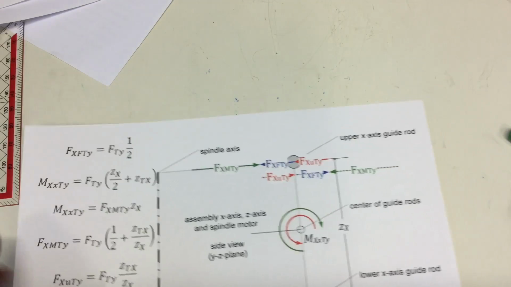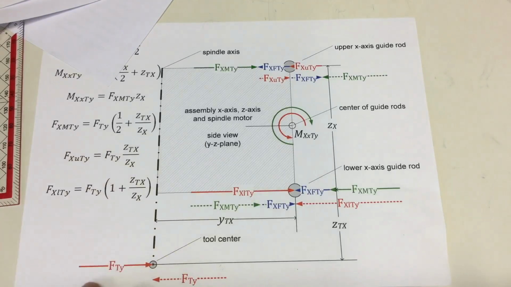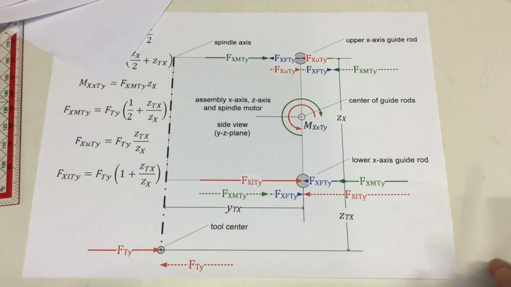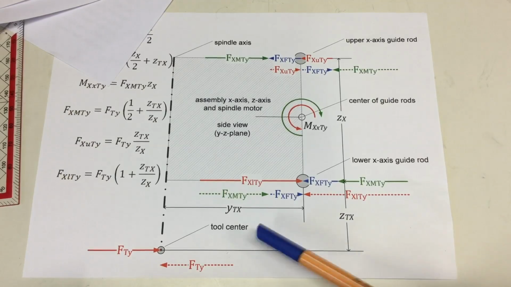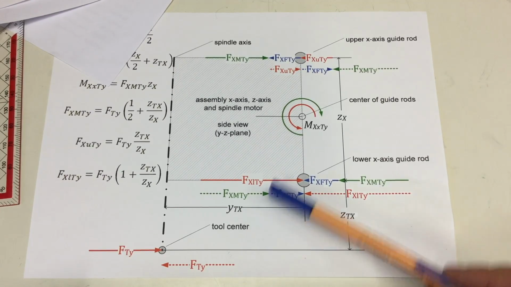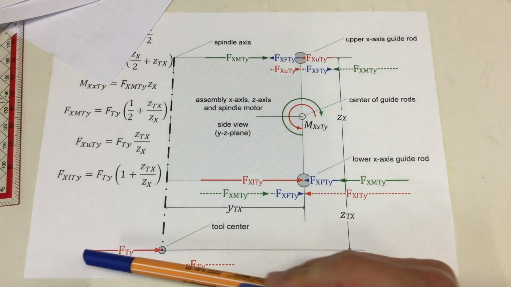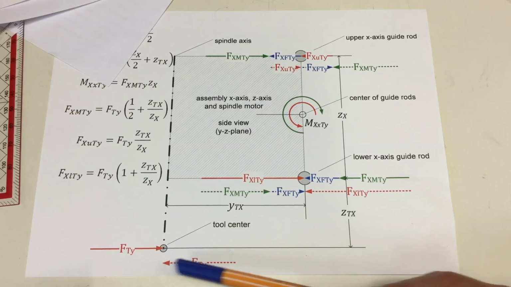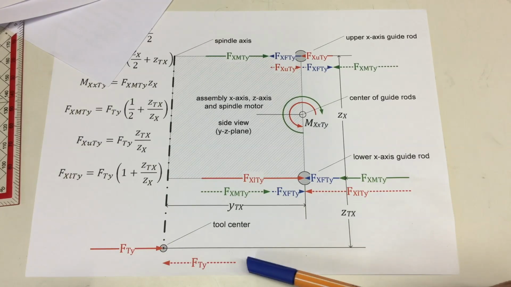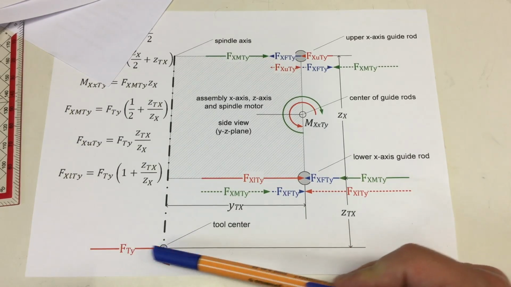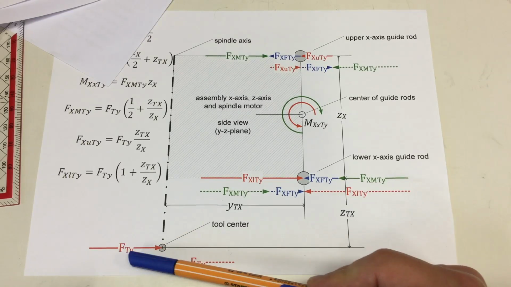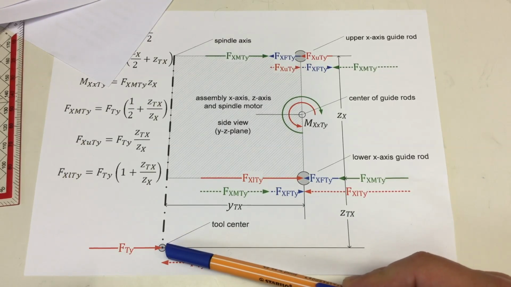So, results. I have here the nice drawing of the whole thing. Yeah, it's basically the same. We have the force here. Ignore for the time being the dotted forces. We have our force on our tool on the y-axis.